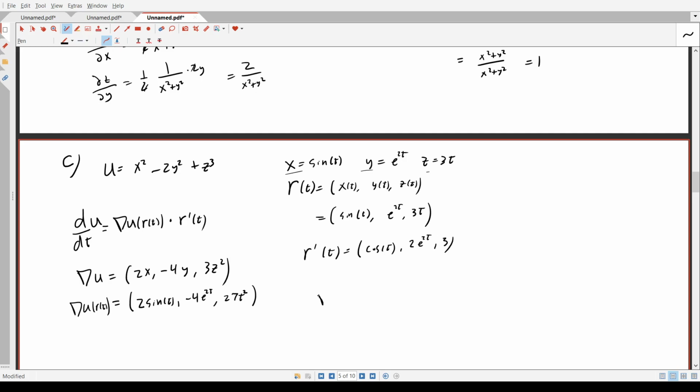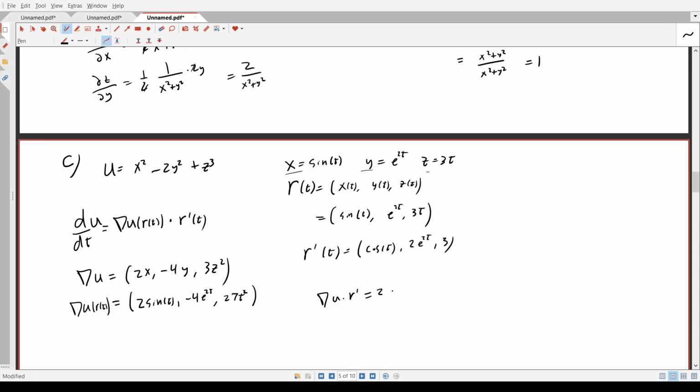So our final answer, gradient of u dot r prime, is going to be 2 times sine times cosine. I'll do an extra step.